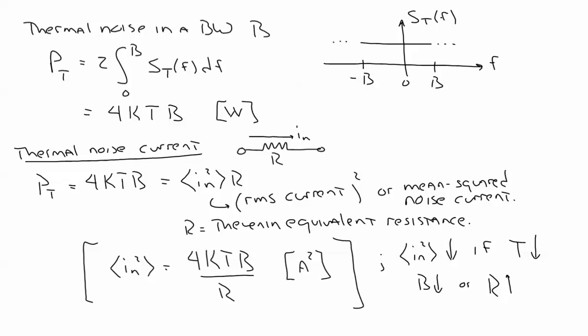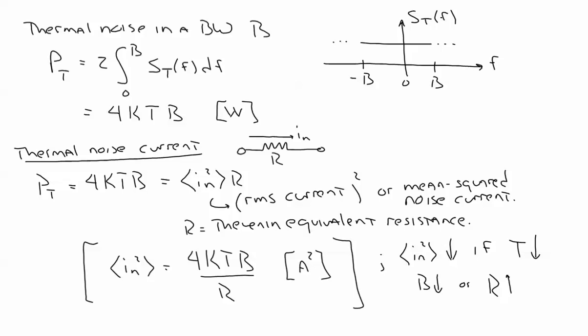Typically the bandwidth of my system is fixed due to other system requirements. I can't commonly fiddle with bandwidth in order to reduce thermal noise power. What I can do, though, to reduce thermal noise is cool the circuit or somehow increase the load impedance. Okay? Large loads, cool circuits, yield low thermal noise power.